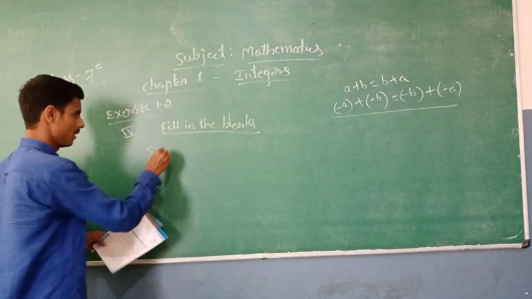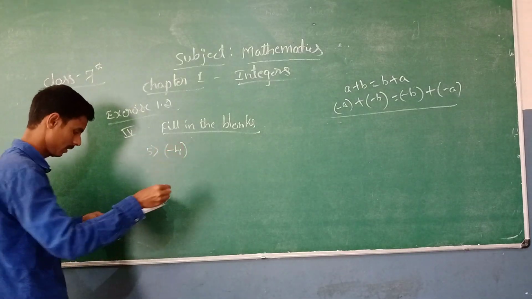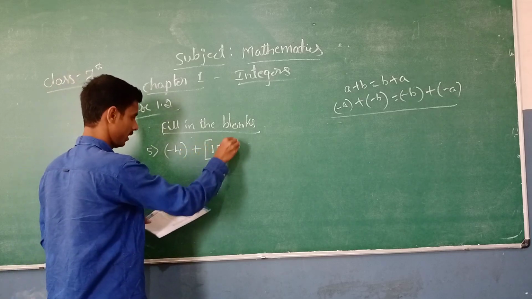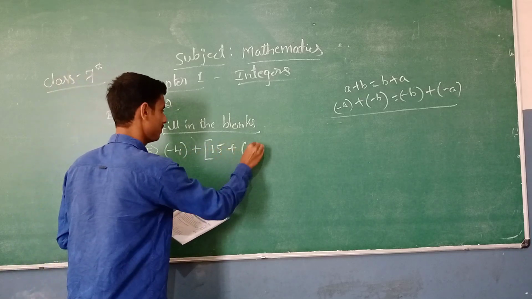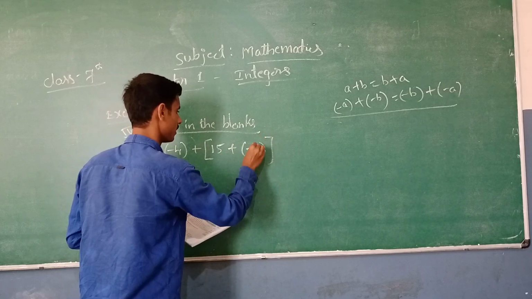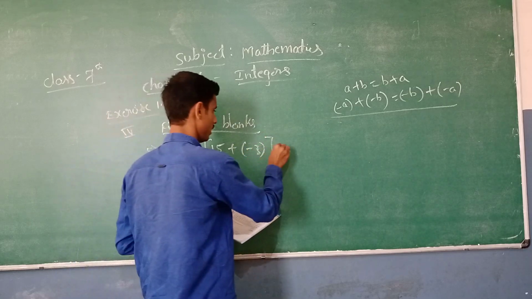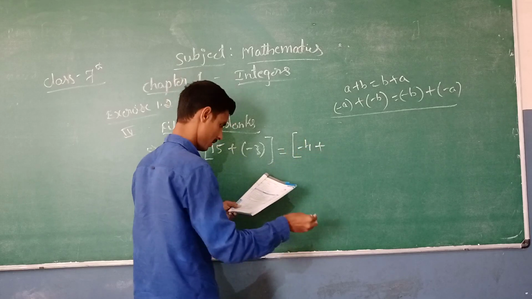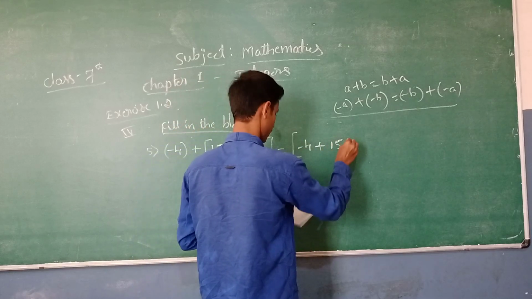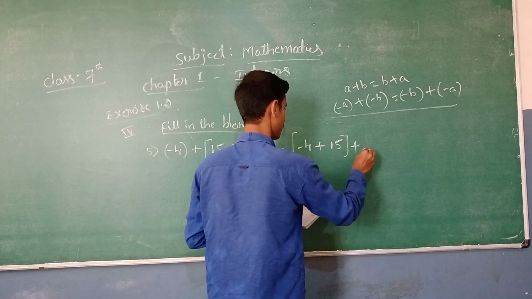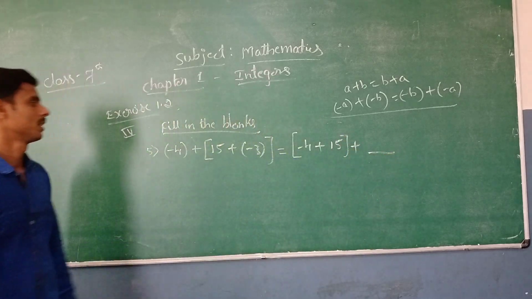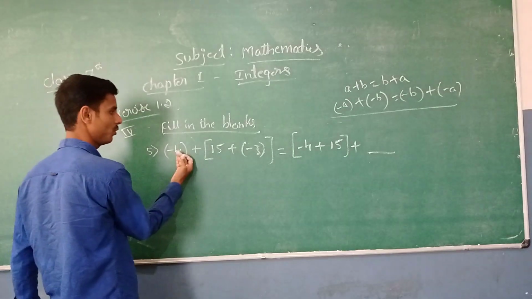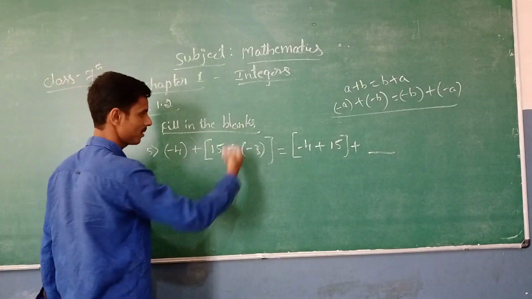Fifth one, -4 plus of 15 plus of -3 equals -4 plus 15 plus dash. Here also minus 4, 15, minus 3.